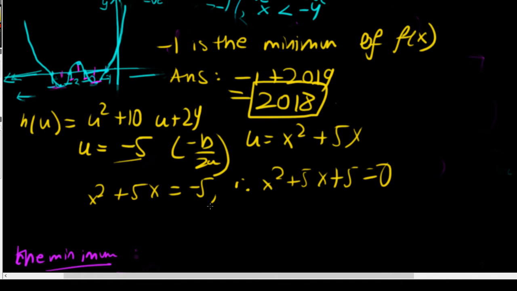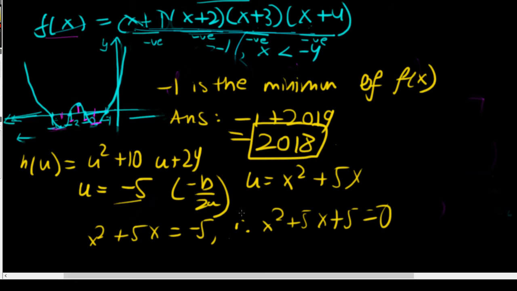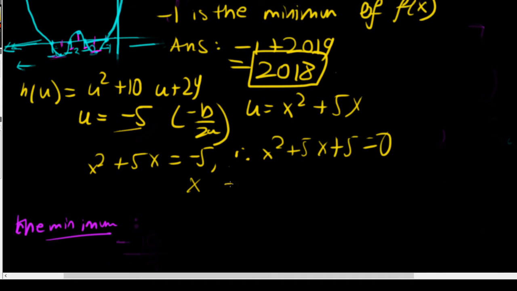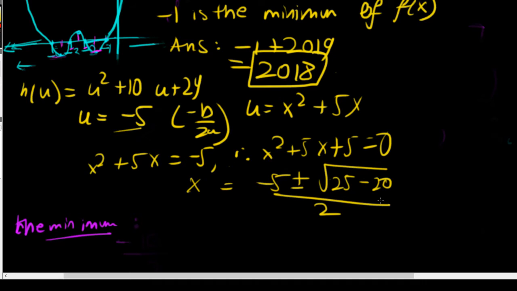So you can solve it using the quadratic formula, because factoring it will be quite difficult, impossible. So minus 5 plus minus square root of b squared minus 4ac, which will be 25 minus 20, upon 2, which is going to be equal to minus 5 plus minus square root of 5 over 2.